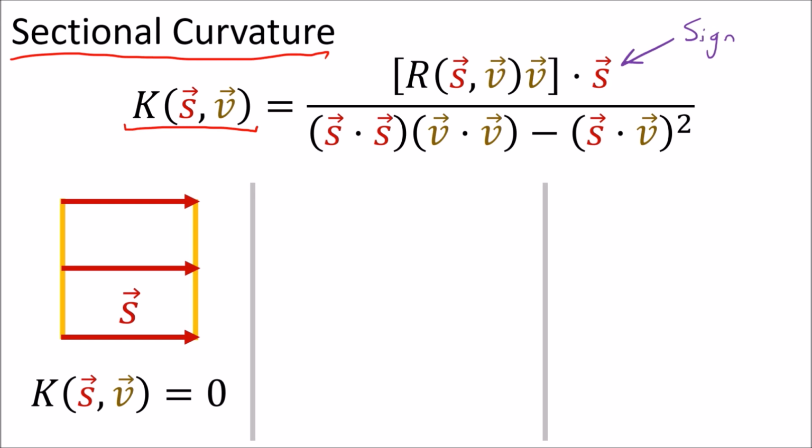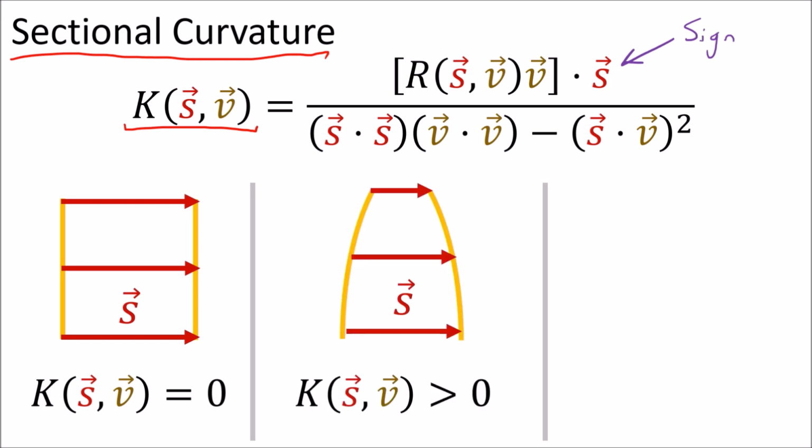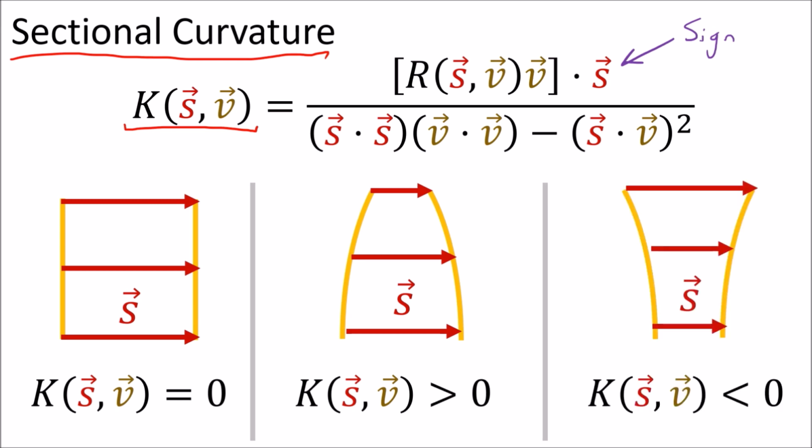Either 0 when the geodesics are not separating, positive when the geodesics are converging, or negative when the geodesics are spreading apart. The term in the denominator is a normalization factor that keeps the result the same regardless of the length of S and V. This way, the sectional curvature only depends on the plane that contains S and V.